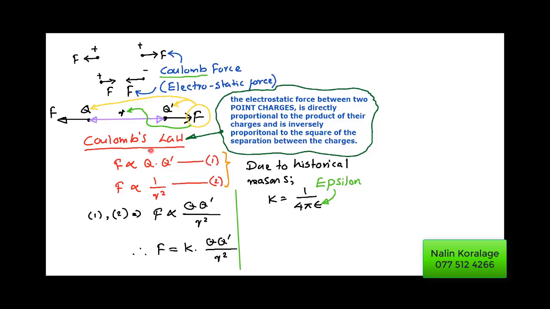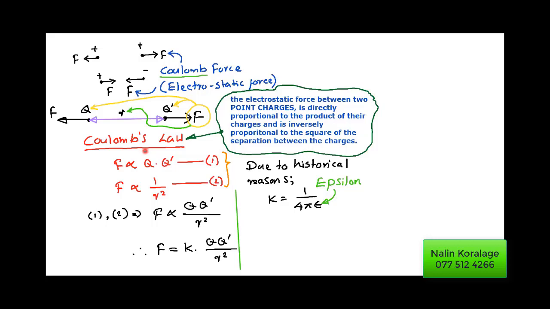The same epsilon. Why? Because epsilon is not decided by the charges, the magnitudes of the charges or the signs of the charges. No. Epsilon is to be decided by the surrounding medium.